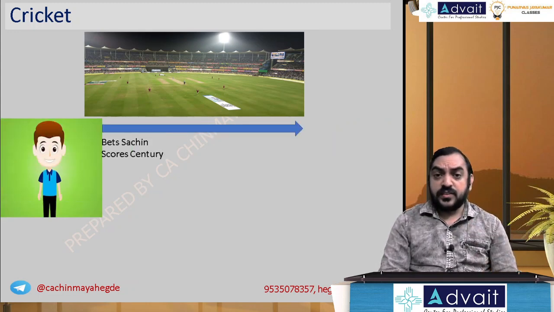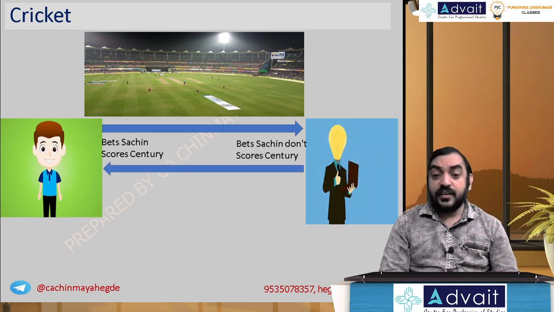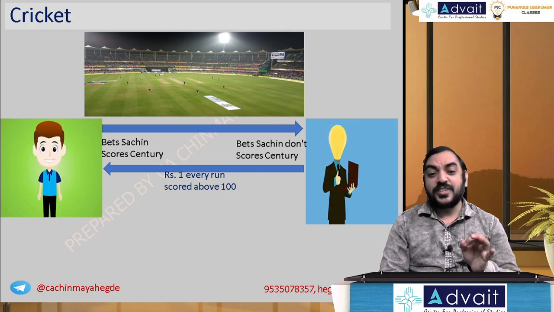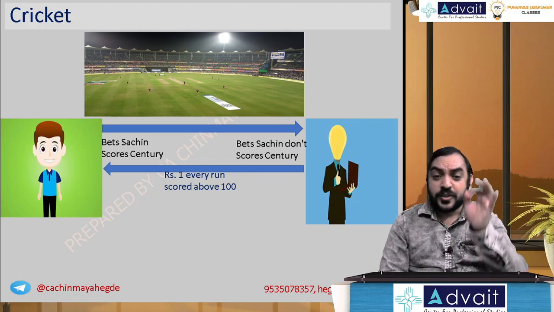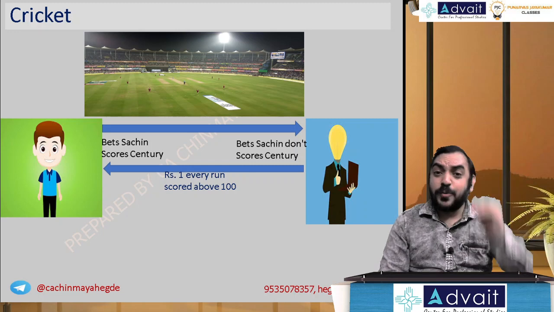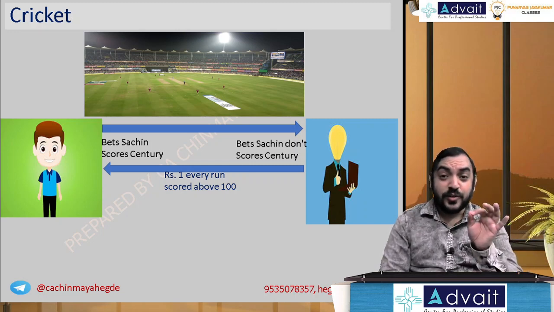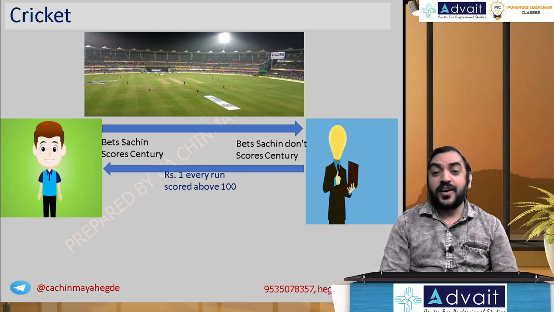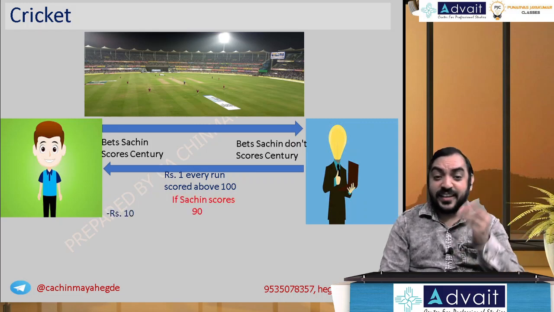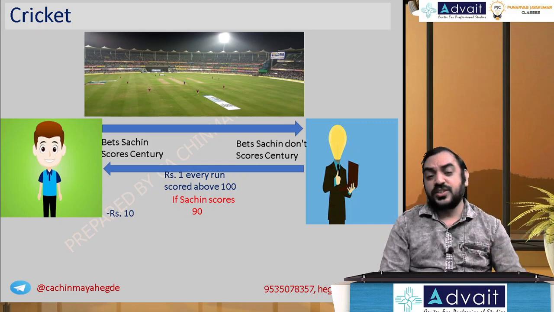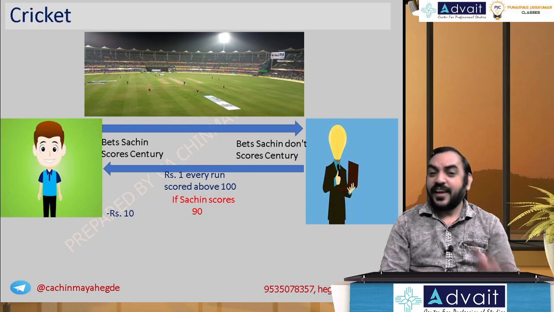This person says, yes, Sachin will score a century, and the terms are slightly different. The terms are rupee 1 for every run scored above 100. So if he scores 90, that means he is below 100 by 10 runs, so you lose 10 rupees and the other person gains 10 rupees.